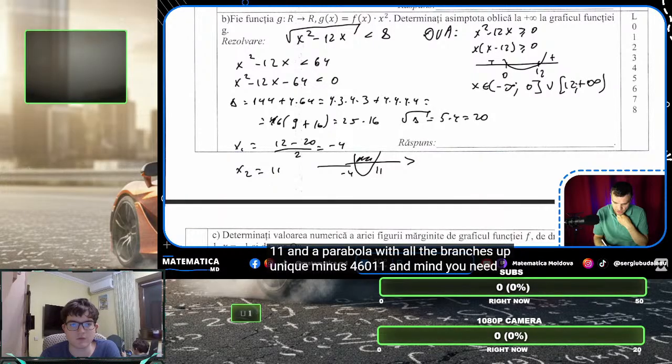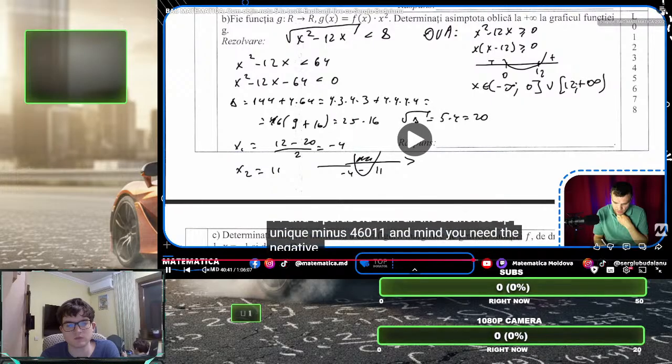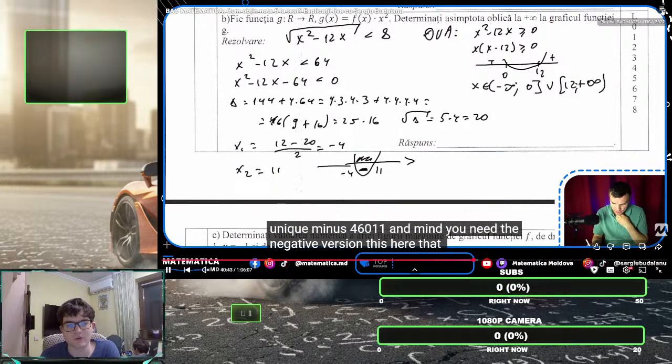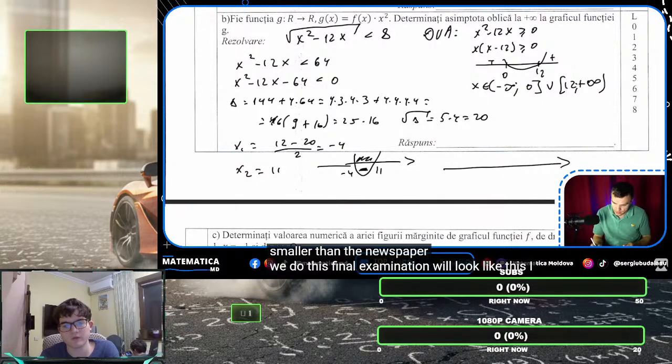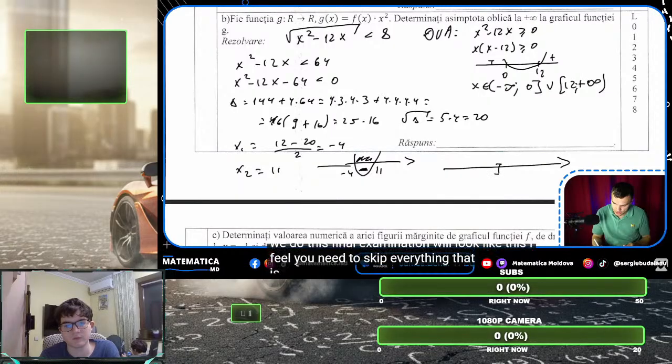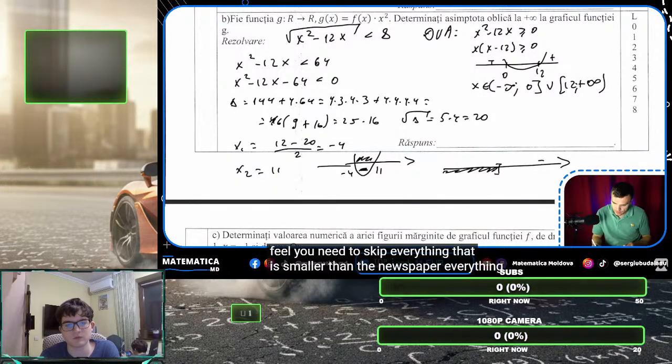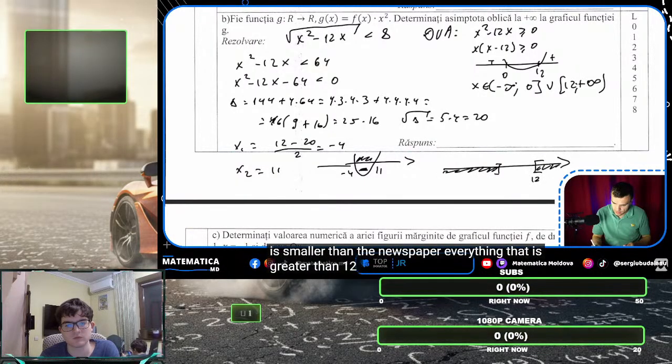It goes like this because it goes up, because, I don't know, smaller than 0. We got minus there. Maybe later I'll understand this, with the minuses and stuff. 12 there.